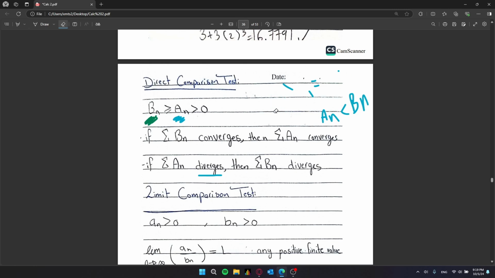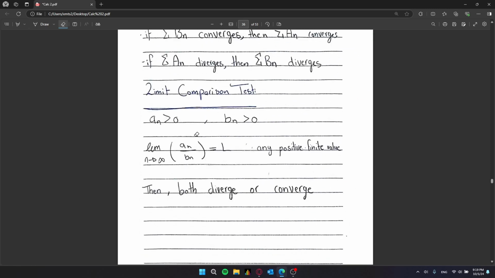Now, let's go over to the limit comparison test. It's kind of similar in the sense that you are finding the ratio between two summations, integrations, whatever it is. You take the limit, as n approaches infinity, of a of n divided by b of n.